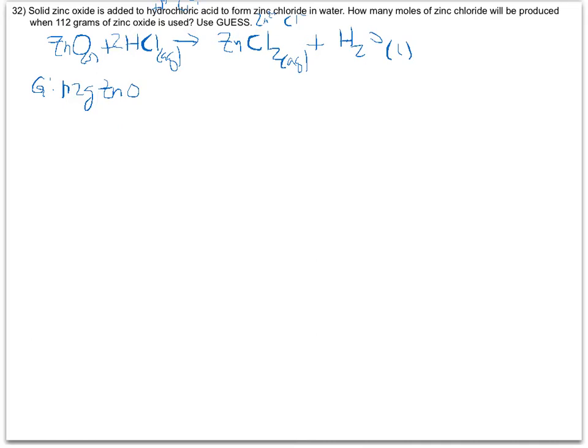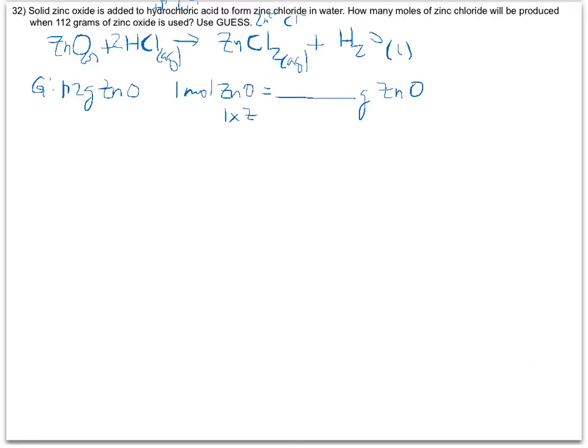And it asks us to find how many moles of zinc chloride, which means that we're going to have to go from zinc oxide into zinc chloride. So the first thing we need to do is get out of grams of zinc oxide, and the only way we can do that is to go to moles, which means that we have to calculate the molar mass of zinc oxide.